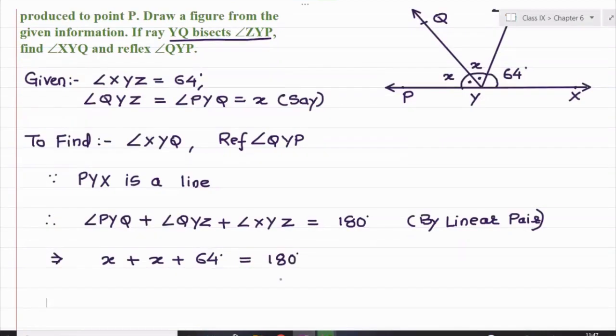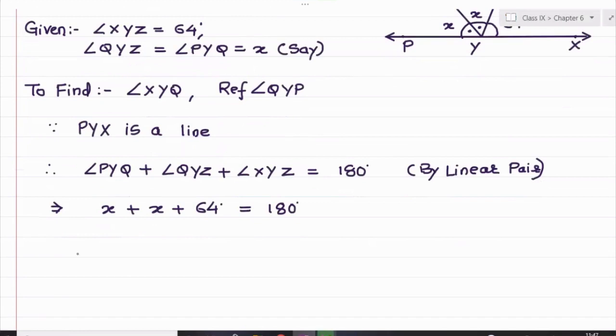Now further, x and x will become 2x, and this will be equal to 180 minus 64 degrees. So from 180, if I subtract 64, how much will remain? 116 degrees, right? 180 minus 60 is 120, and moreover you subtract 4, so that will be 116 degrees.